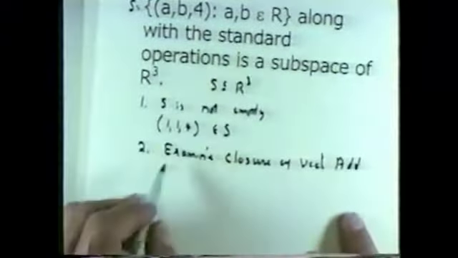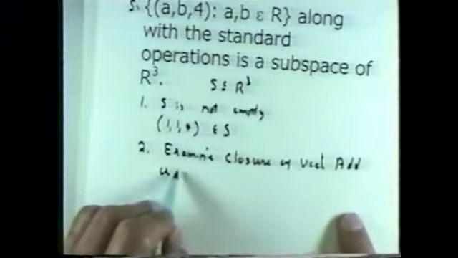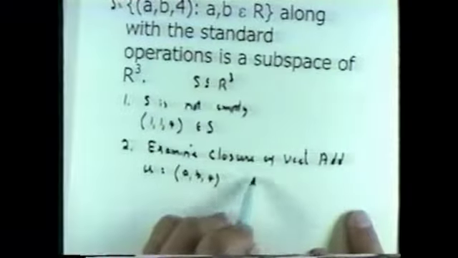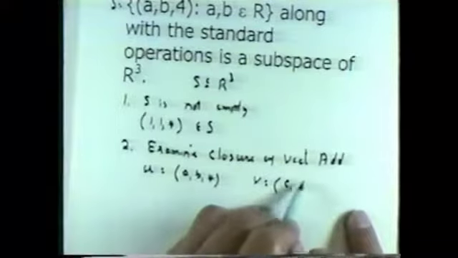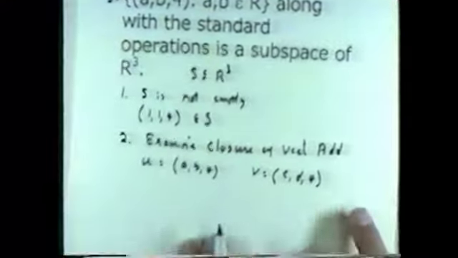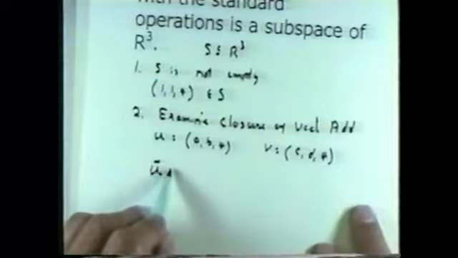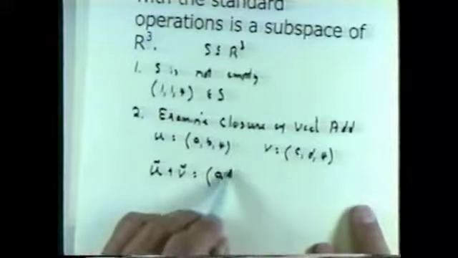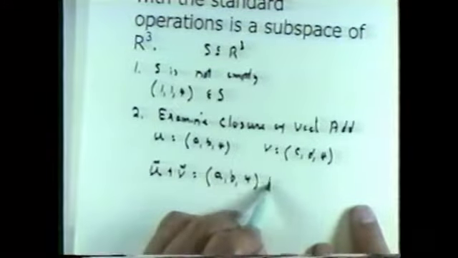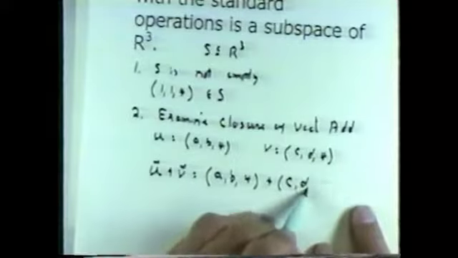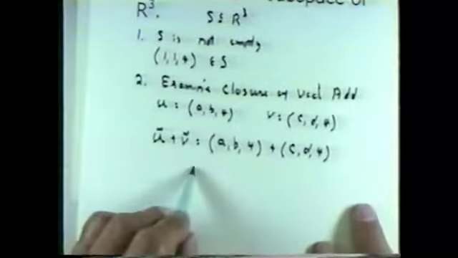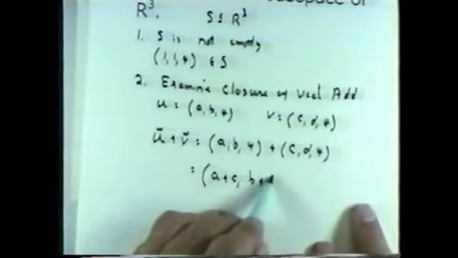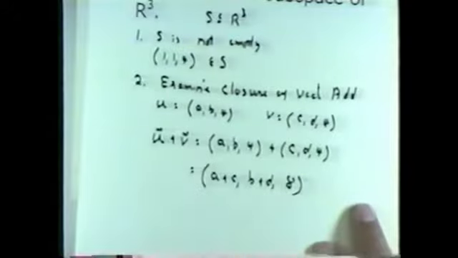Let u be the vector (a, b, 4), and let v be the vector (c, d, 4). Then u plus v is going to be (a, b, 4) plus (c, d, 4), which is (a plus c, b plus d, 8).